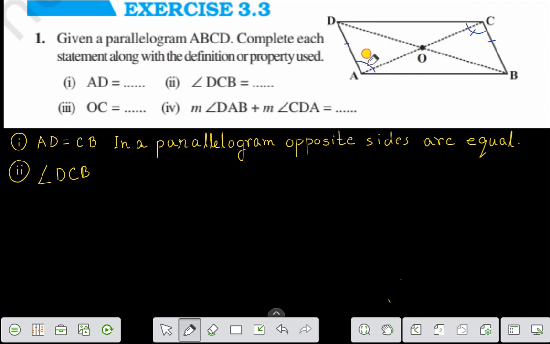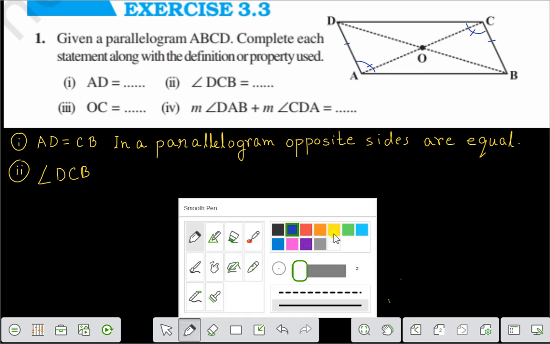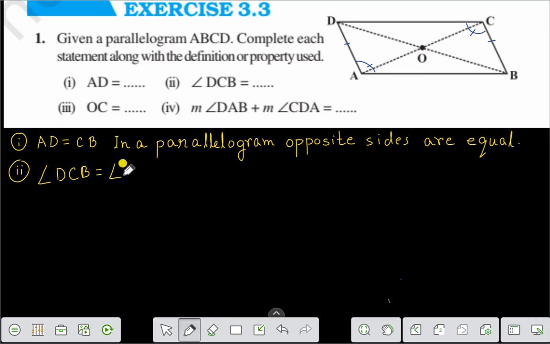That means opposite angles, right? Therefore, angle DCB is equal to angle DAB, because in a parallelogram, opposite angles are equal.